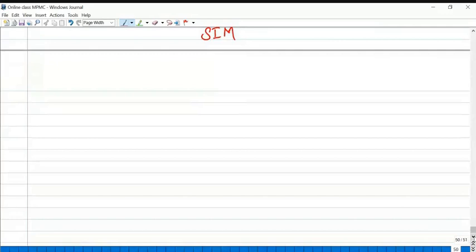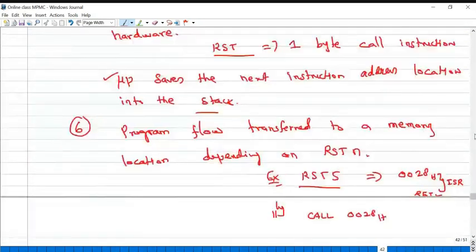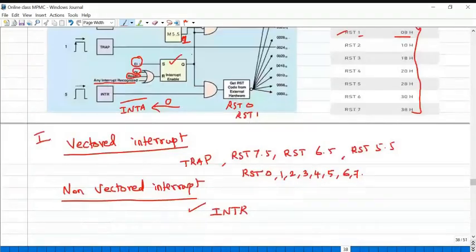Next, what are the instructions to reset the interrupt flip-flop? Which instruction is used to reset the interrupt flip-flop? Look at the interrupt structure.